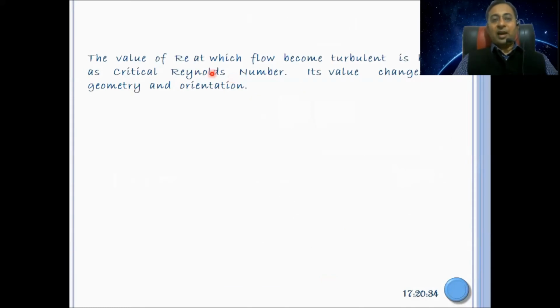The value of Re at which flow becomes turbulent is known as critical Reynolds number. Initially, if we keep the velocity very low, the flow is laminar. But if we increase the velocity, at a particular value of Reynolds number, flow becomes turbulent. So that Reynolds number is known as critical Reynolds number.